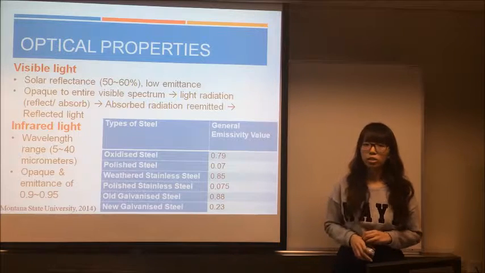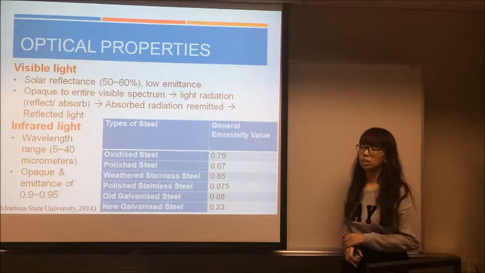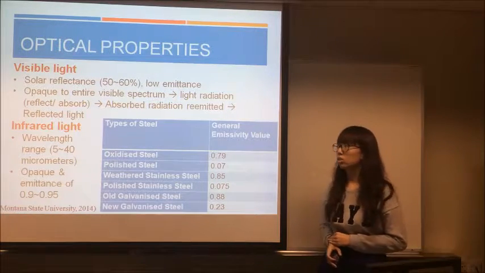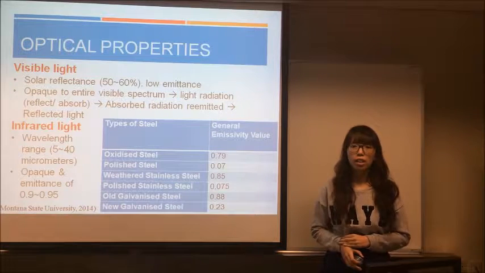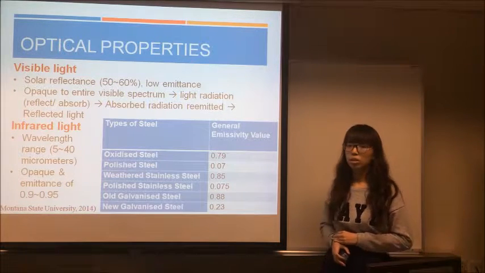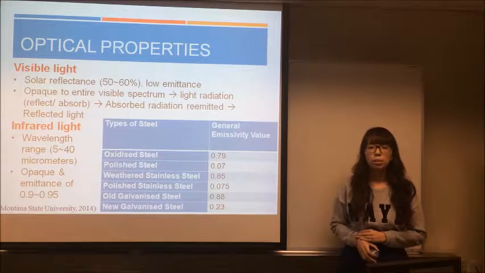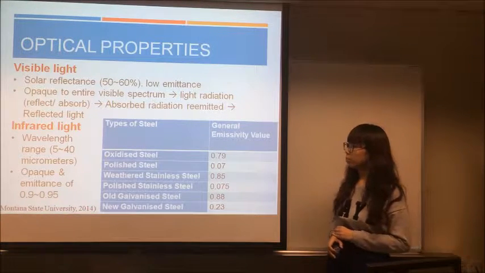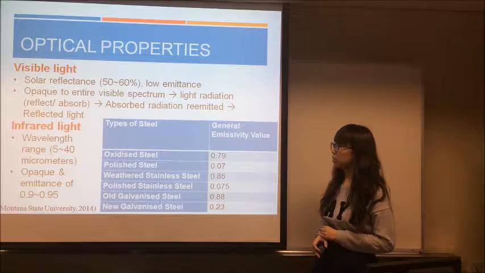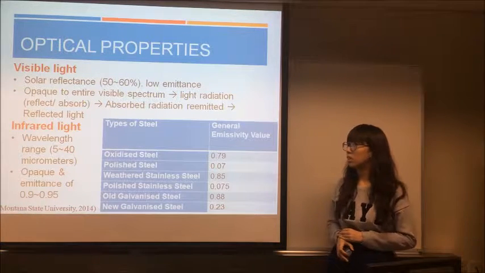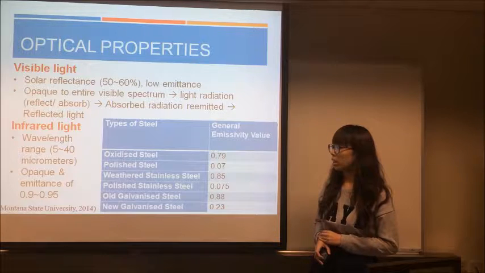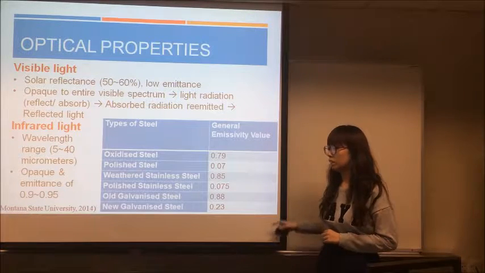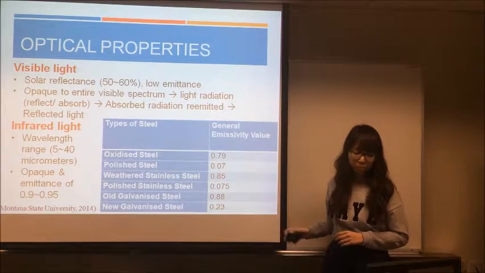However, clean and bare metals are the exceptions. For instance, the untarnished galvanized steel has an infrared emittance of about 0.004, and the general emissivity values of the different types of steel are listed in this table.